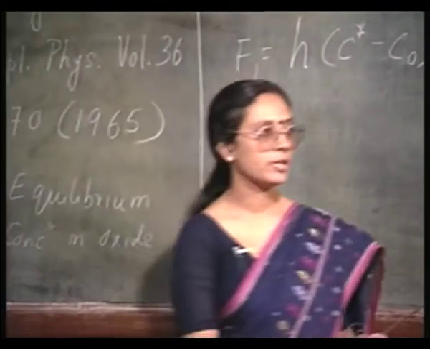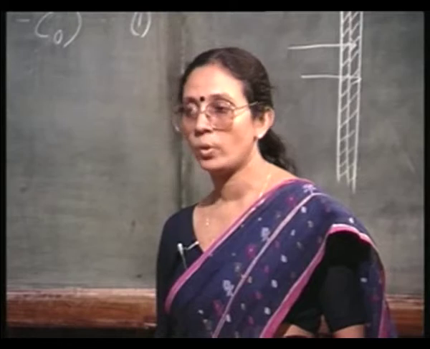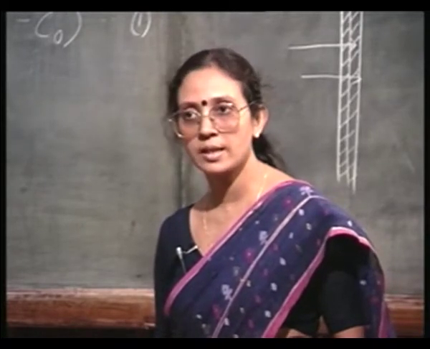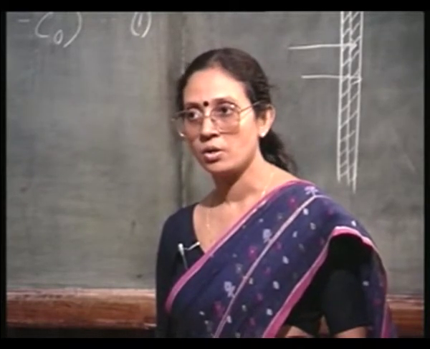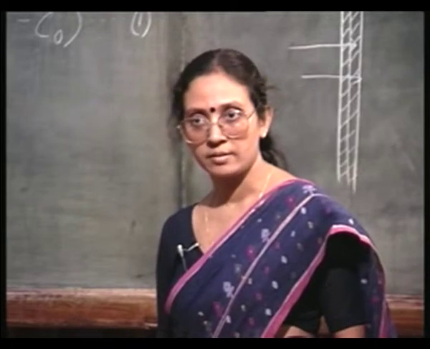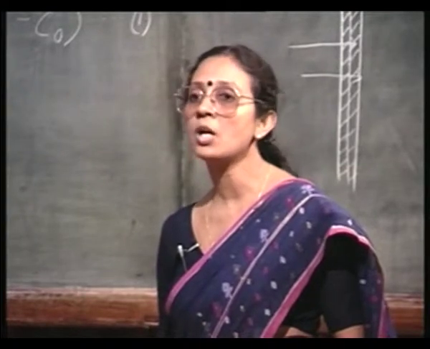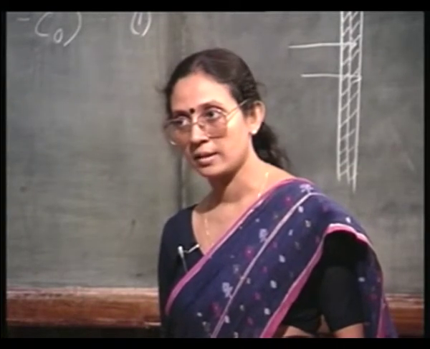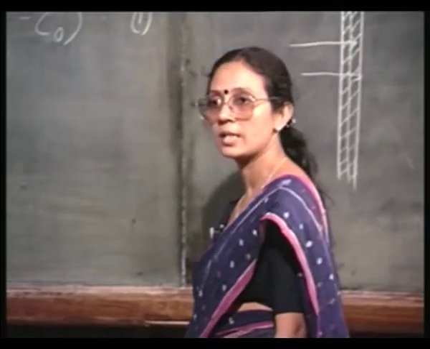What about flux 2, that is F2? F2 is related to the movement of the oxidizing species through the existing oxide layer. Why should the oxidizing species move through the oxide layer? Because of the concentration gradient. It is diffusing across the existing oxide layer, and you know diffusion is always proportional to the concentration gradient.